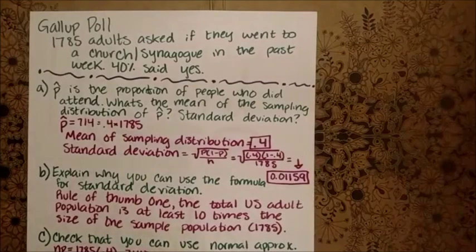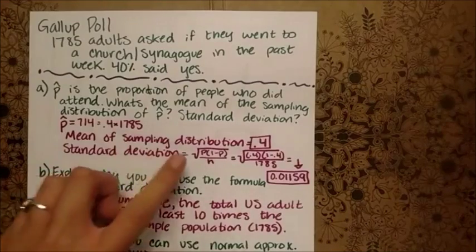Well, first, just for my peace of mind, I found p-hat, which is 714. That's 40% of the sampling of the adults. And then the mean of the sampling distribution would be that 40%, that 0.4. And then the standard deviation, I just did that normal formula right there.